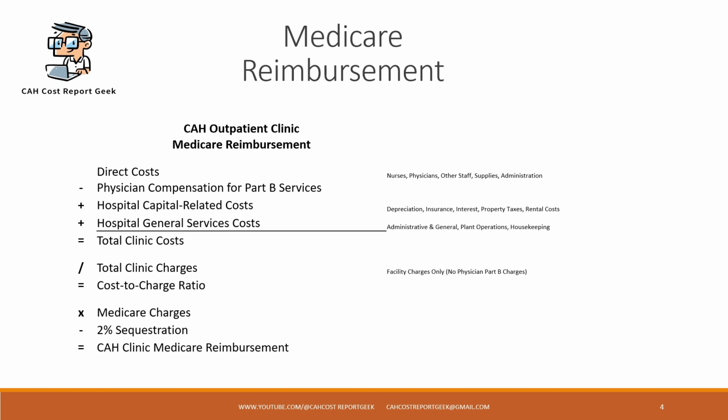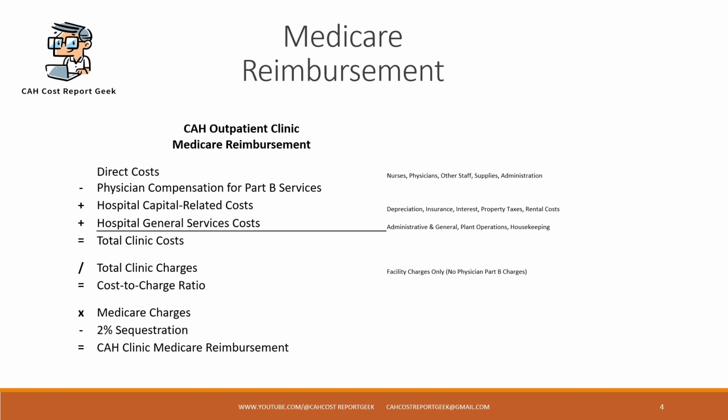To determine the CAH Outpatient Clinic Medicare reimbursement, we start with total clinic costs. These costs consist of direct costs, including costs of nurses, physicians, other staff, supplies, some administrative costs, and other direct costs. We then subtract the cost for physician compensation for Part B services, as this is a non-allowed cost.